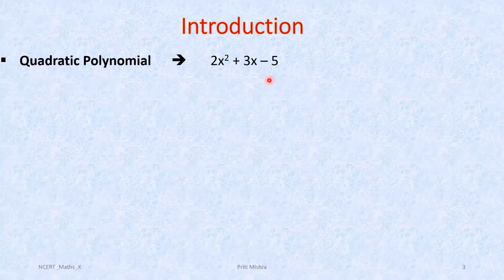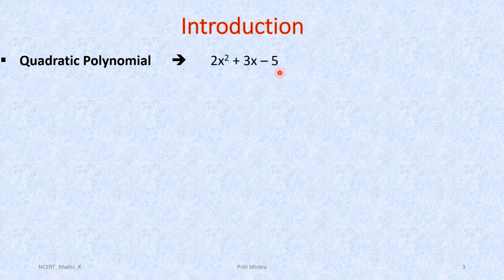Now, if we compare this polynomial with any constant, and here on the right hand side we have nothing, so we can write it like 2x square plus 3x minus 5 is equal to 0. Then it will become a quadratic equation.